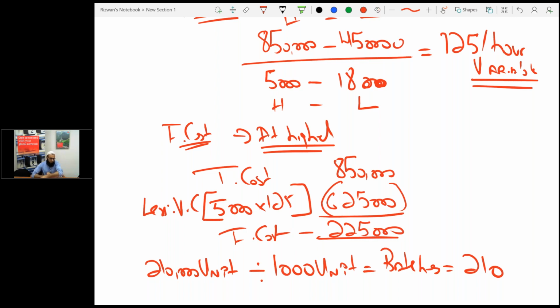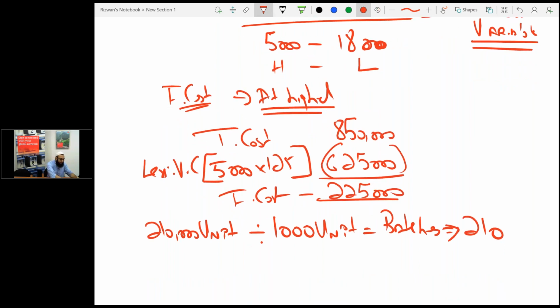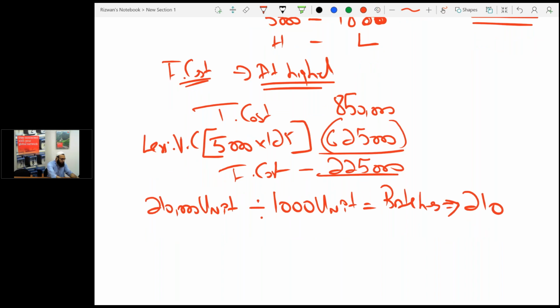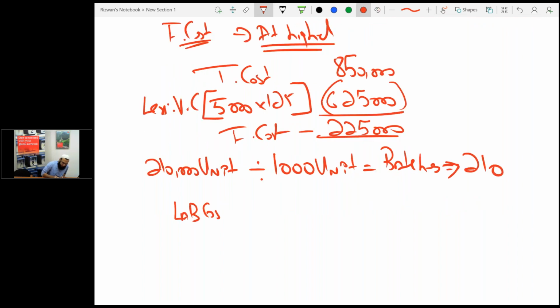Okay, now, so you have 210 batches, and per batch, how many hours are used? So the answer is per batch 14 hours. So let's calculate the labor cost. 210 batches multiplied by 14 hours per batch multiplied by the hourly rate.